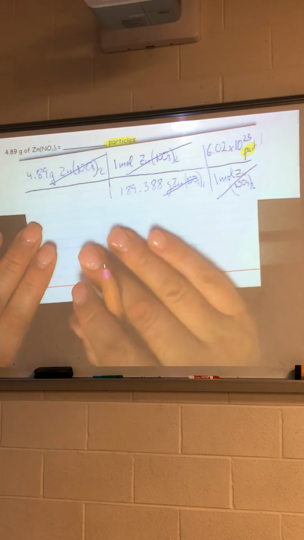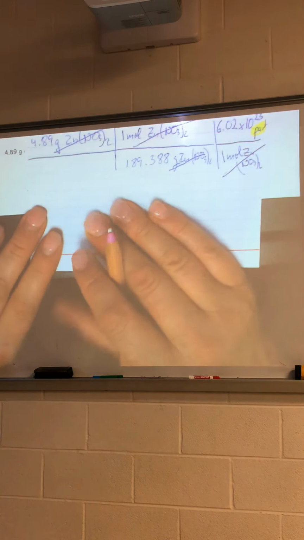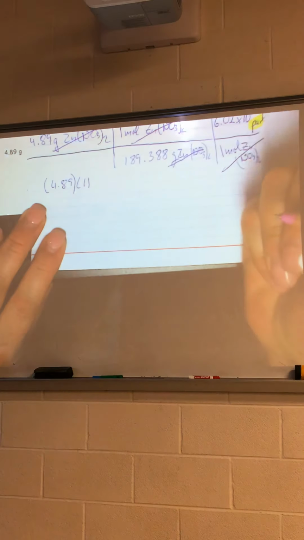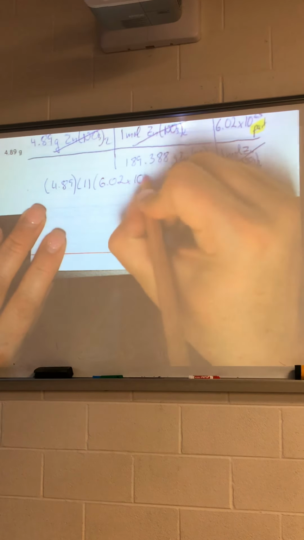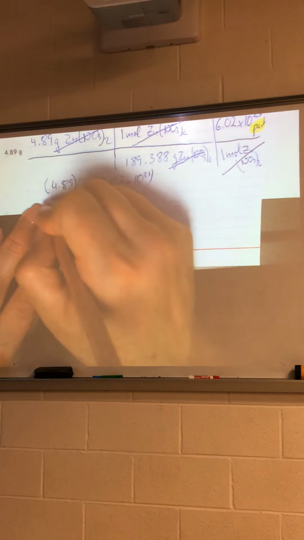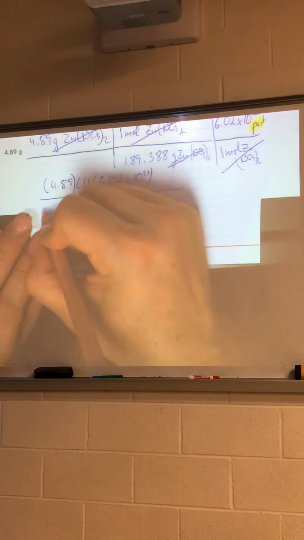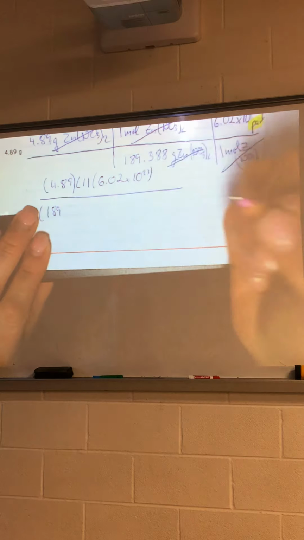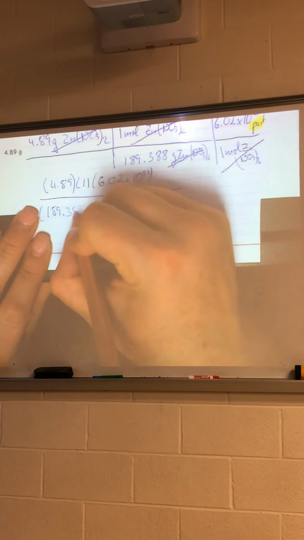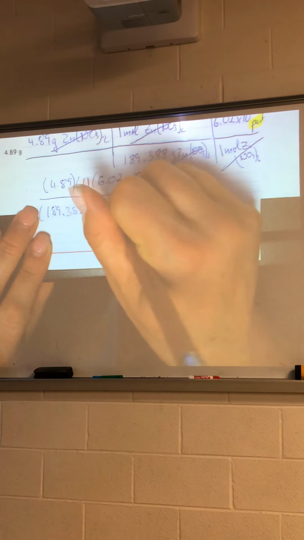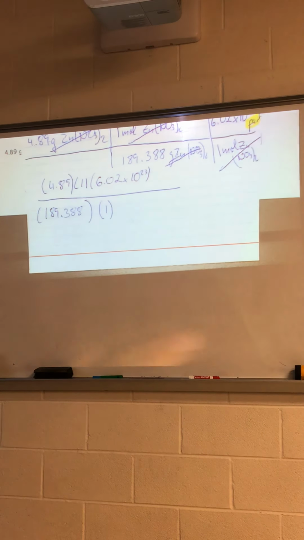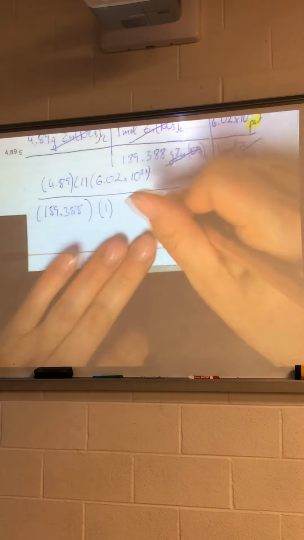So quickly show me how this looks like in a calculator. You'll plug in 4.89 times 1 times 6.02 times 10 to the 23rd, all that divided by 189.388 times 1. And you plug it in.